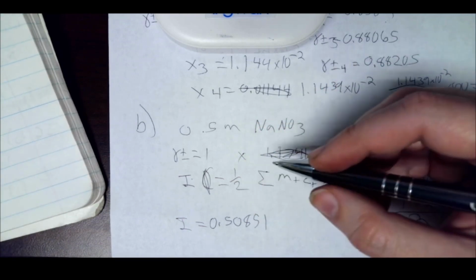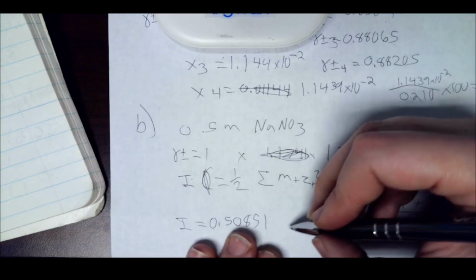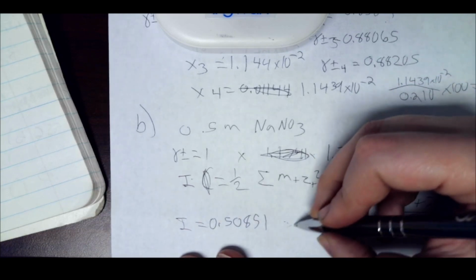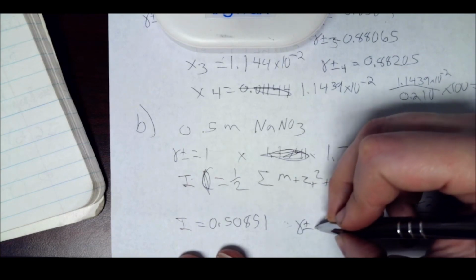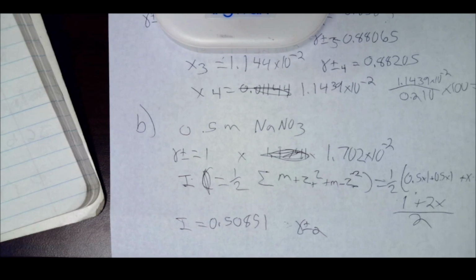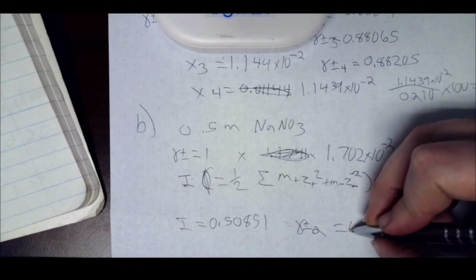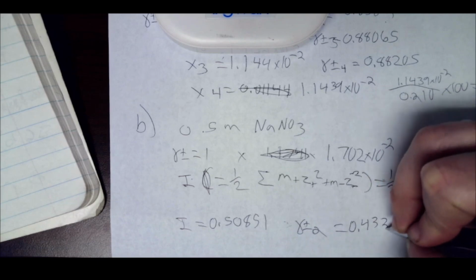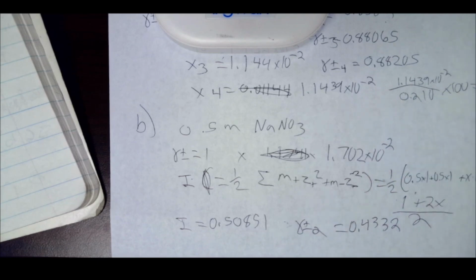Plugging that into our gamma to find our gamma plus or minus, the exponential e to the negative 1.173 square root of 0.50851 becomes 0.433.